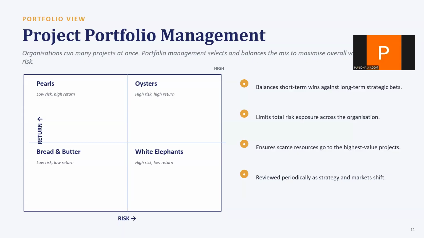Pearls are low risk, high return, your best case projects. Oysters are high risk, high return, big bets that could pay off huge. Bread and butter projects are low risk, low return, steady, reliable work. And white elephants are high risk, low return. Honestly, the ones you probably want to avoid or cancel.